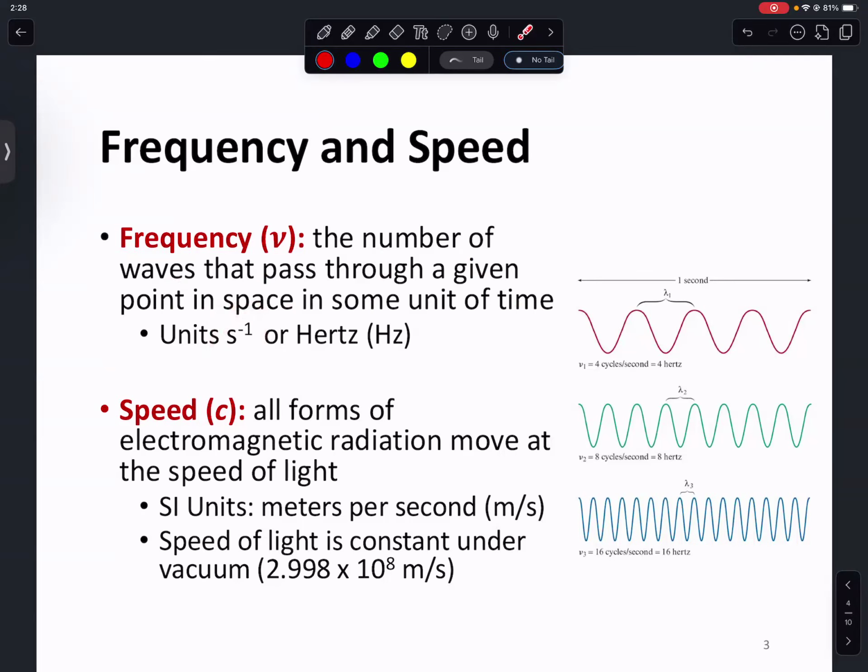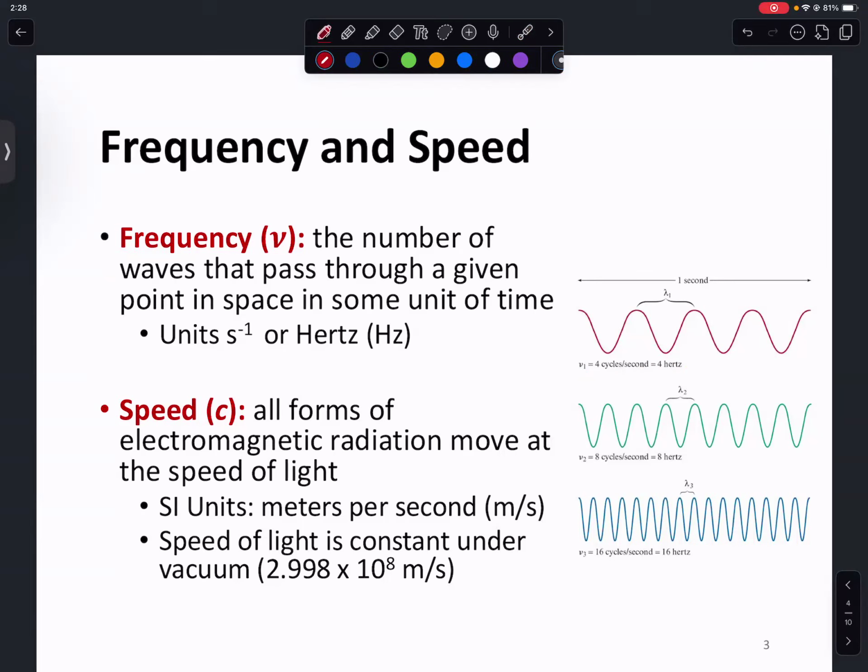I want to give some examples from this picture. Here the frequency is 4 cycles per second, or 4 hertz. What does that mean? That means in 1 second, I have 4 wavelengths passing through a given point.